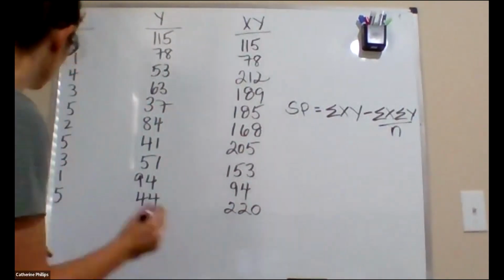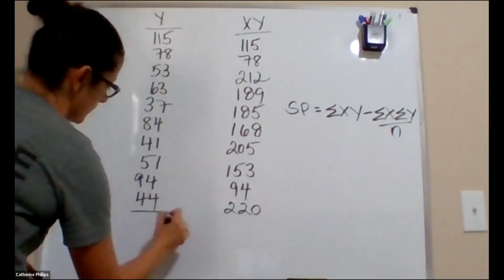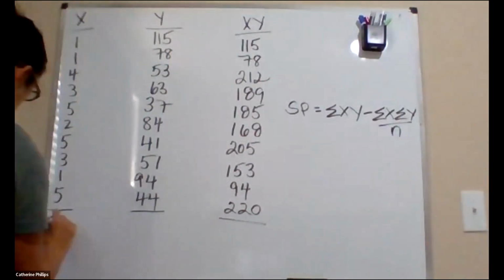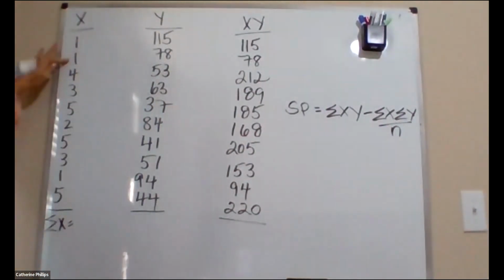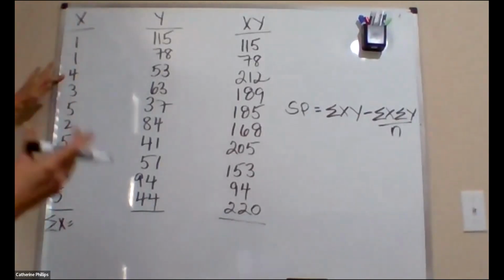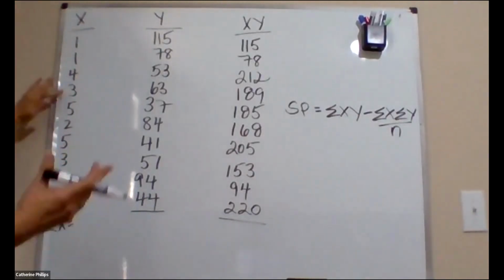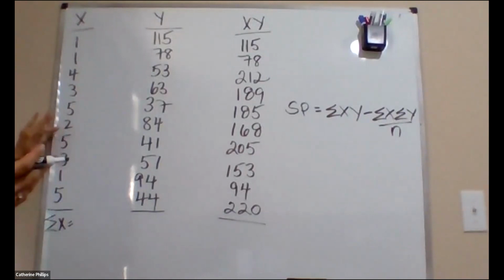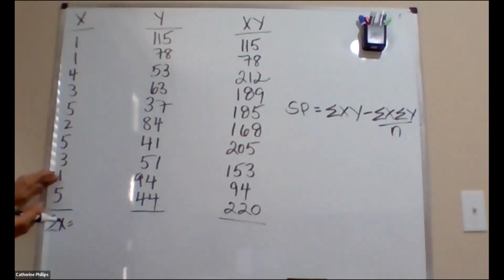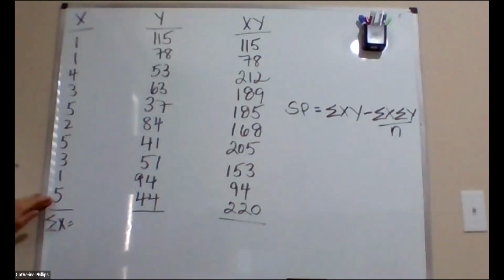So we need to take the sum of each of these columns. So the sum of X, 1 plus 1 is 2, plus 4 is 6, plus 3 is 9, plus 5 is 14, plus 2 is 16, plus 5 is 21, plus 3 is 24, plus 1 is 25, plus 5 is 30.